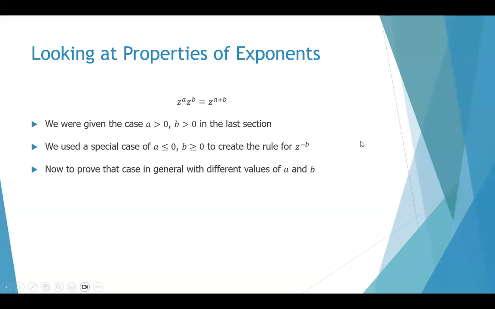We used a special case where a is less than or equal to 0, and b is greater than or equal to 0 to create the rule for z to the negative power. Now, to prove that case in general with different values of a and b, it's kind of a quotient rule, but we use cases. So let's walk through those real quick.